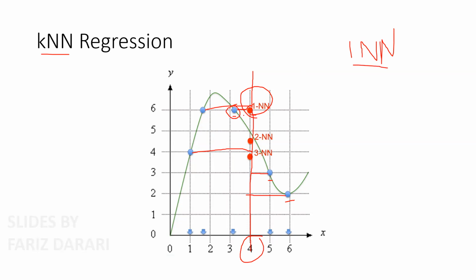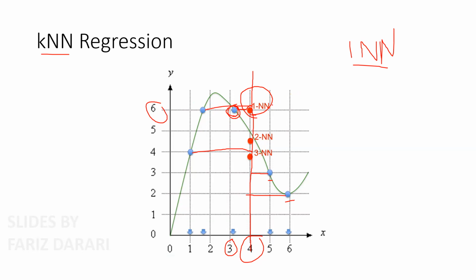You just predict the output based on 1NN, the nearest neighbor. So it's actually this one. So you'll have the same value as the one when the x value is 3, and then your prediction will be 6.